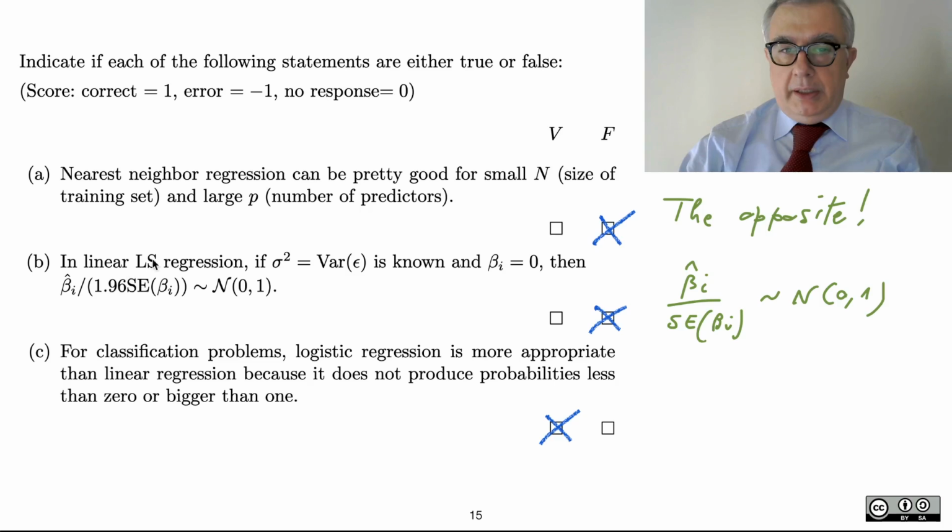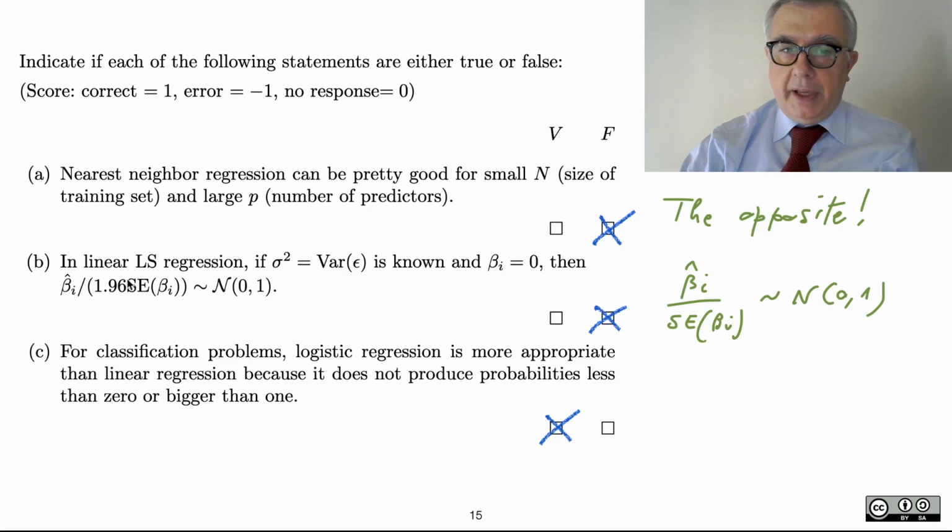B. In linear least squares regression, if you know the variance of the irreducible error, and you have a parameter whose true value is 0, then its estimate over 1.96 its standard error is a standardized normal variable.